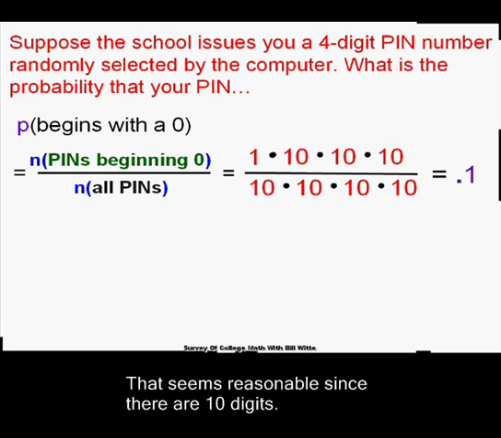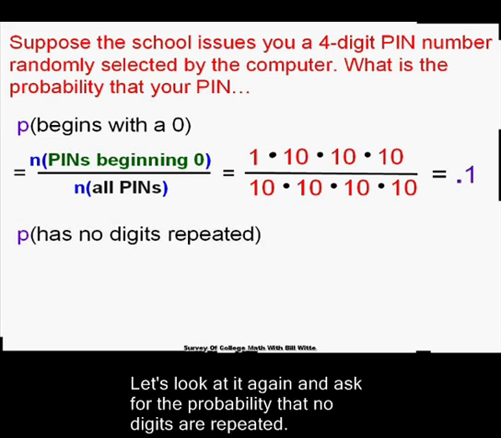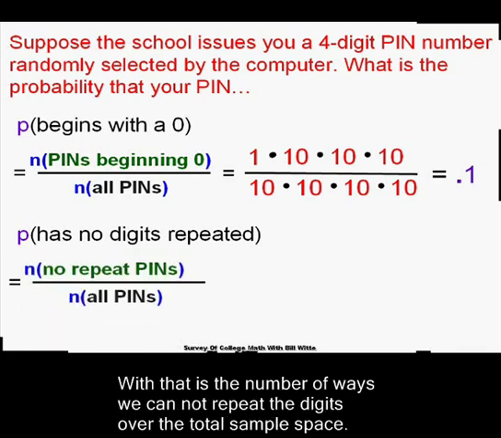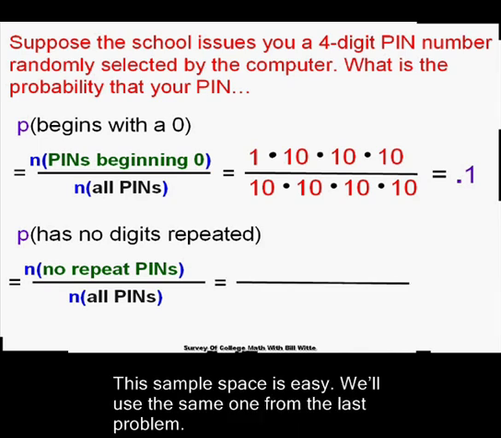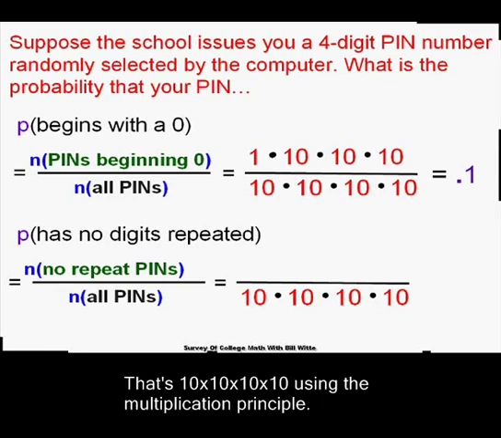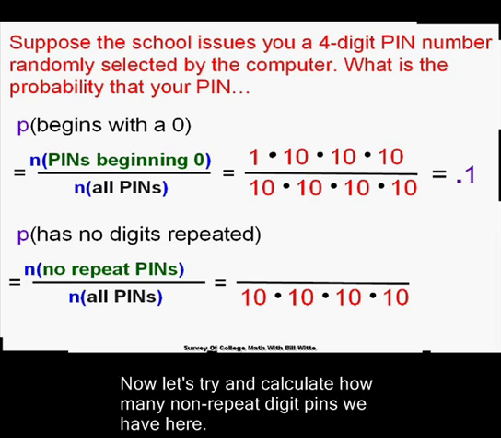Let's look at it again and think of the probability that no digits are repeated. I wonder what that would be. Well, it's going to be the number of ways we can not repeat the digits over the total sample space. The sample space was easy. We'll use the same one from the last problem, 10 times 10 times 10 times 10, using the multiplication principle. Now let's calculate how many non-repeat digit PINs we have.